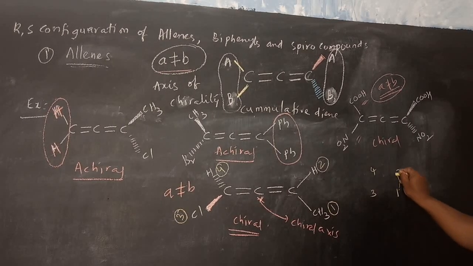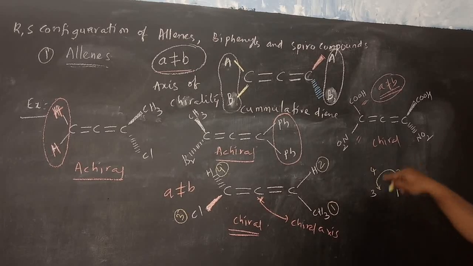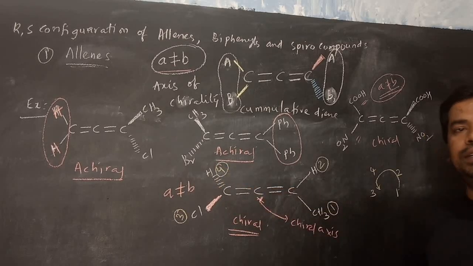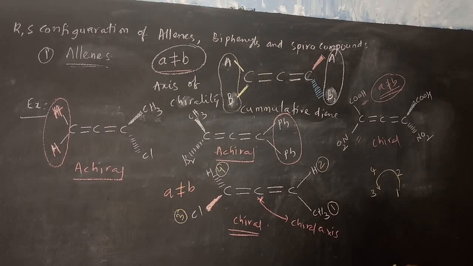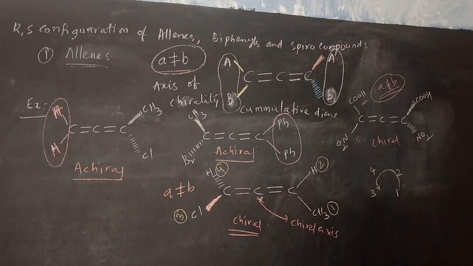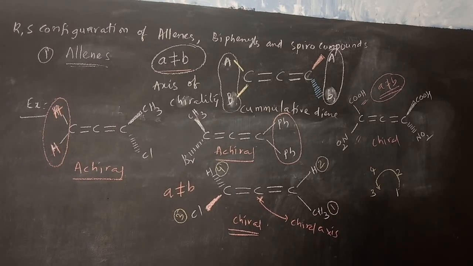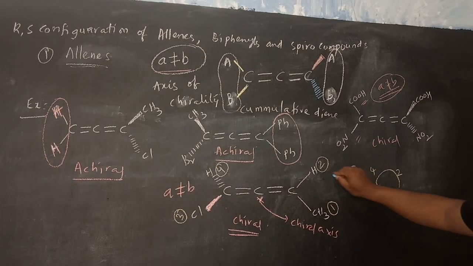The direction is anticlockwise, and also the least priority group is present away from the observer. So there is no need to change the configuration. Therefore the configuration of this allene molecule is S configuration.